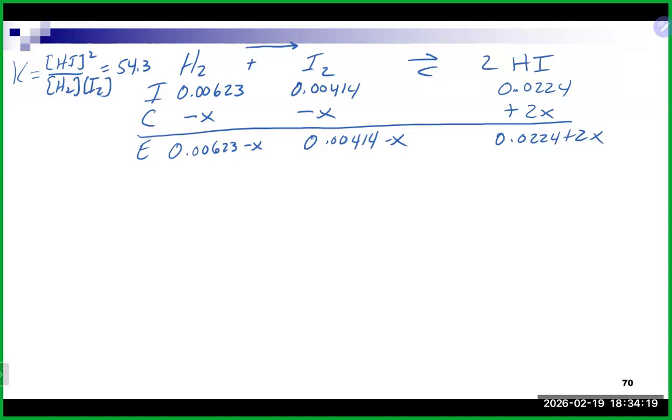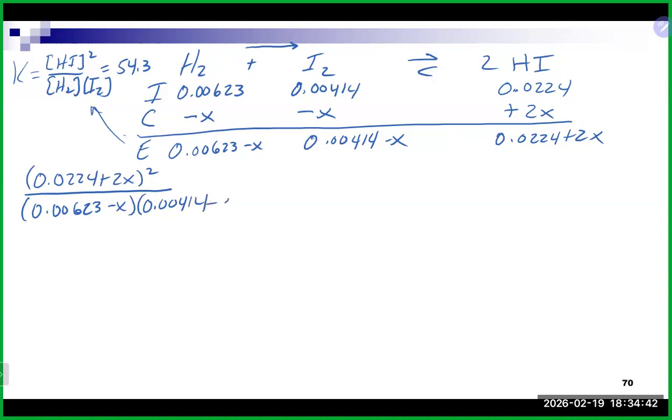All right, so we're going to go into our equilibrium expression here. That's going to get us 0.0224 plus 2x. We're going to square it and be sad about that. And we're going to take 0.00623 minus x and 0.00414 minus x on the bottom there, equals 54.3.